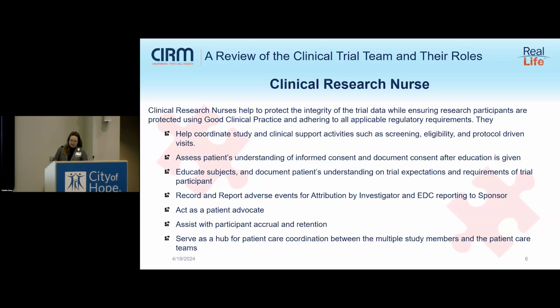You'll find that CRNs not only work with the PIs and the APPs, but they also work with all the other research staff. So clinical research coordinators, associate clinical research coordinators, regulatory coordinators, biospecimen coordinators, the Office of IND Development and Regulatory Affairs, OIDRA, and also on the standard of care, we'll be working with admitting, scheduling, the floor, clinic and infusion nurses, apheresis center, stem cell lab, pharmacy, radiology, and a heart station, just to name a few.